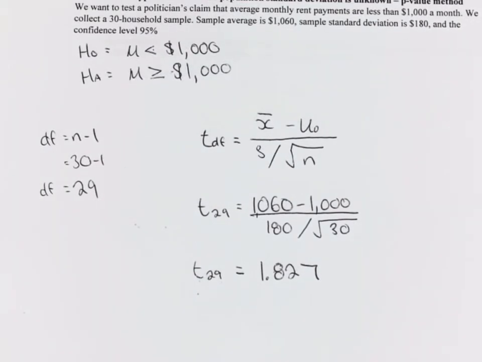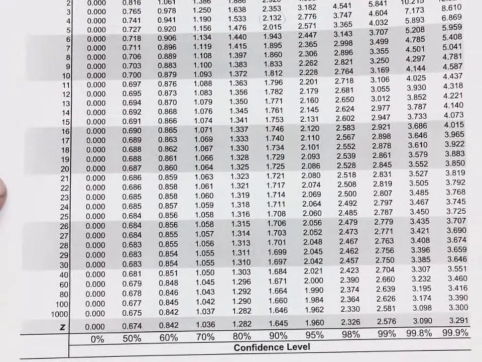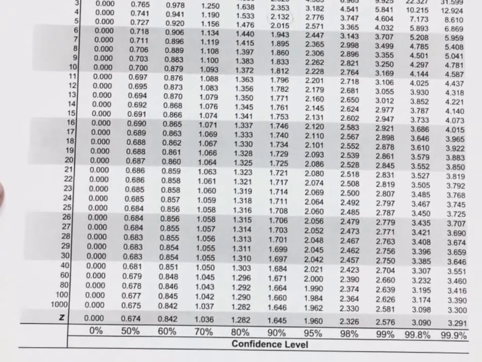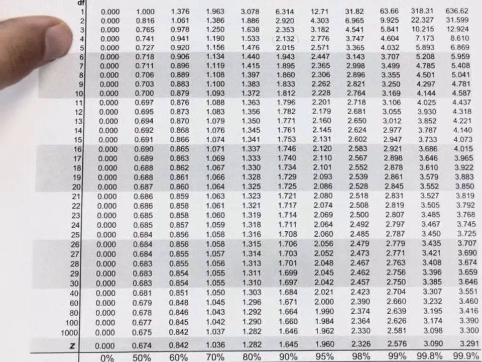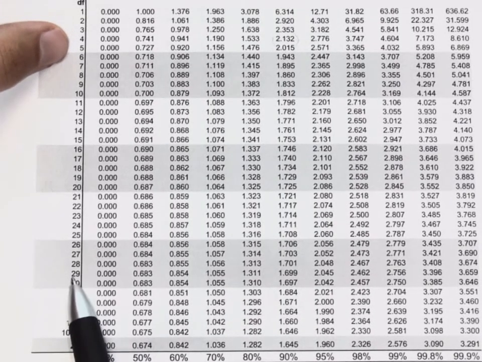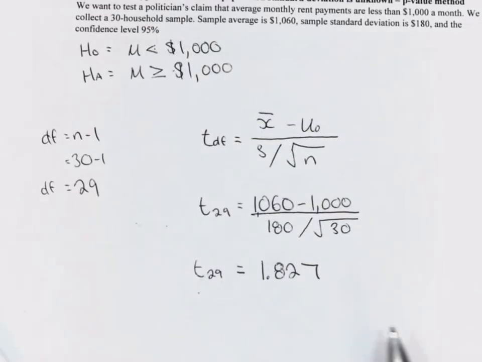We then want to look up what the probability is using our t-table. So our degree of freedom is 29, which we can find here. And as we go across, what we're looking for is our 1.827.